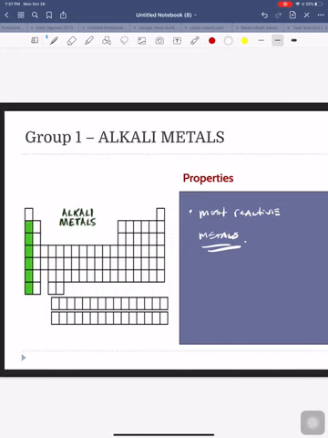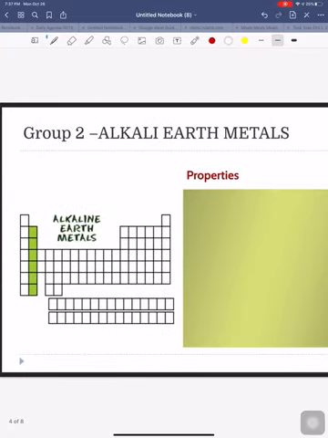So as we move across the table, our group 2 we call alkali earth metals. Sweet, fun name. So in our family tree, we have alkali metals, group 1, and group 2, alkali earth metals.